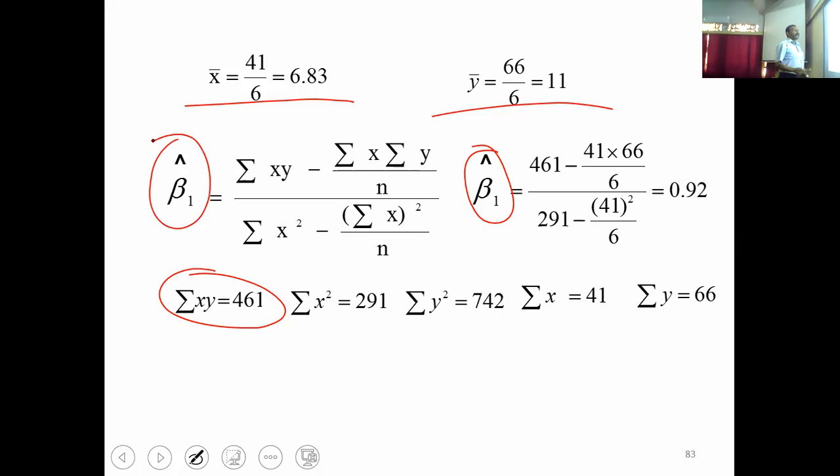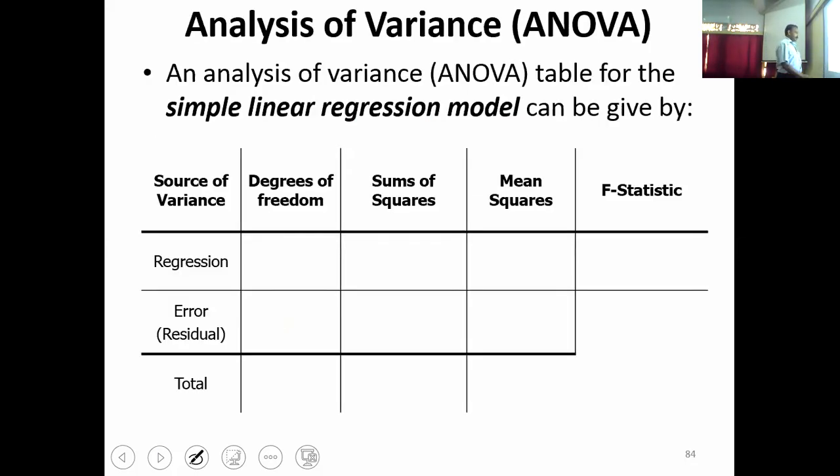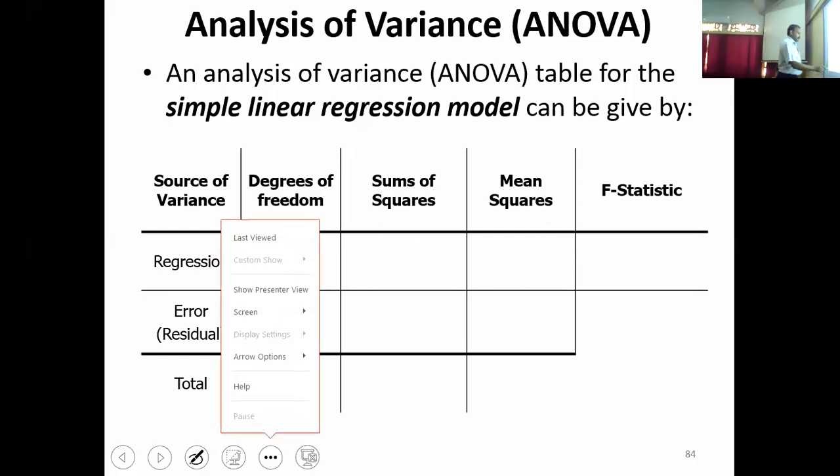So beta 1, can you remember in the regression sums of square, beta 1 square multiplied by the sums of square of x. Look at the formula. How can we expand the formula? Can you remember we said beta 1 hat square into Sxx?